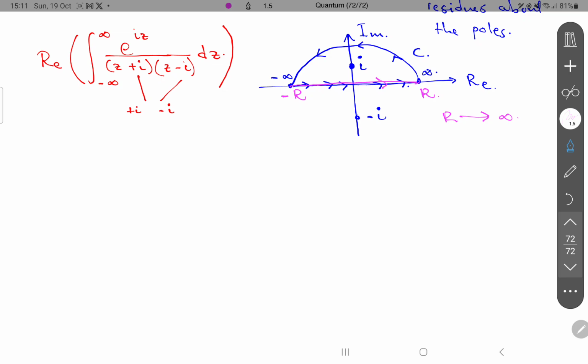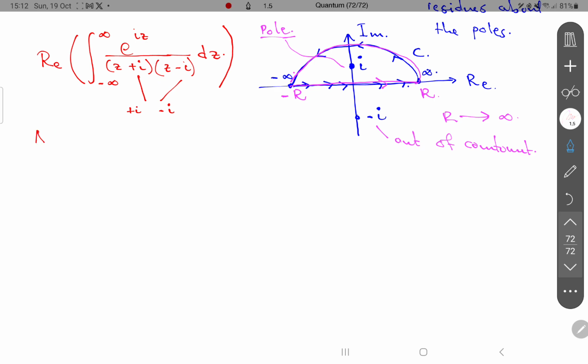This is the direction. And then make a contour like this. So this is the pole I'm interested in. This one is out of the contour. So when it's out of contour, it means it's not wanted. So I am interested in the pole inside.